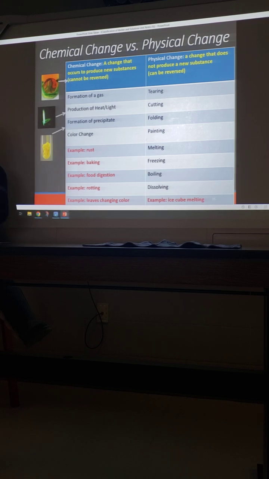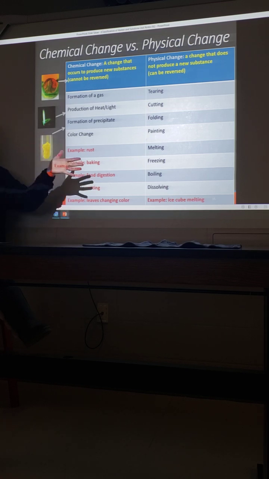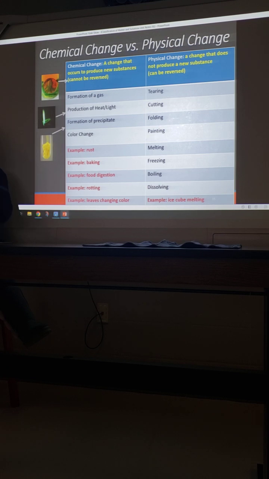If it's all one new thing, when the water goes, the Crystal Light should go as well. So we'll see what happens. All right, but dissolving is typically one of the more challenging ones, where people think the water and the powder have united to make something new. So next week we'll take a look at that little demonstration.